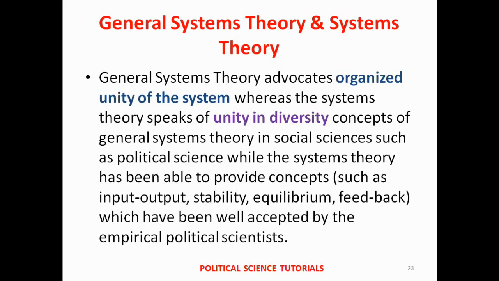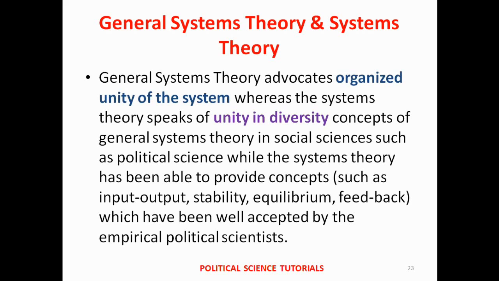The human body system is a fixed system, but systems theory speaks of unity in diversity. This approach sorts out a large quantity of data, recognizing the patterns and uniformities that tie the elements of a system together. In brief, general systems theory emphasized the unity of the system, but systems theory emphasized unity in diversity.